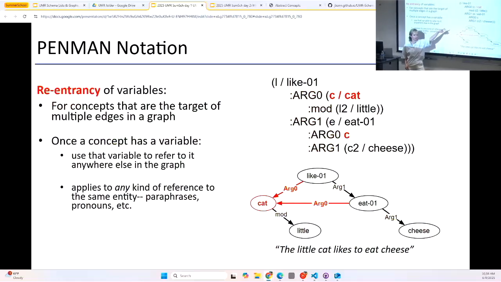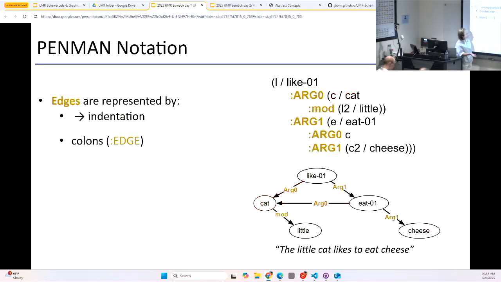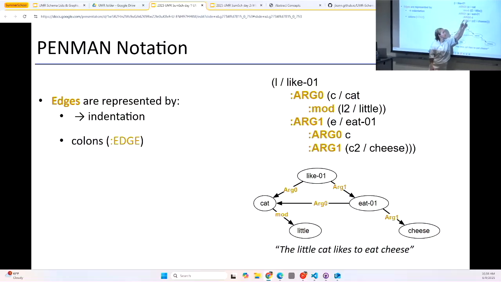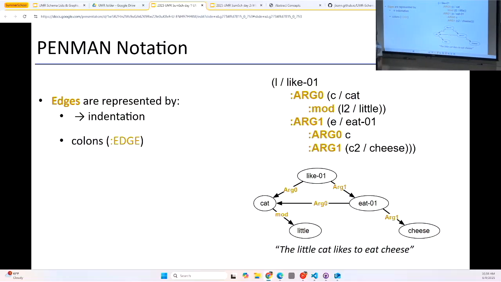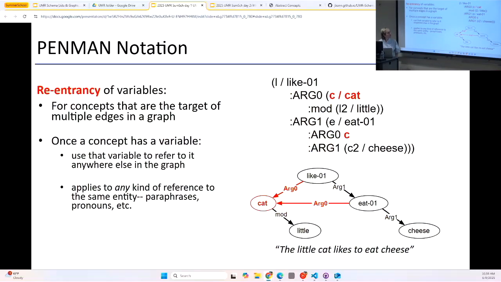So if you have two mentions of the cat, you use the variable farther down in the graph, and that helps keep the graph with a single root. The edges are these relations that are marked with a colon. We have numbered arguments from the PropBank rolesets, and then we also have general semantic arguments. UMR's inventory is a little bit larger than AMR's, and AMR's was a little bit larger than PropBank's.